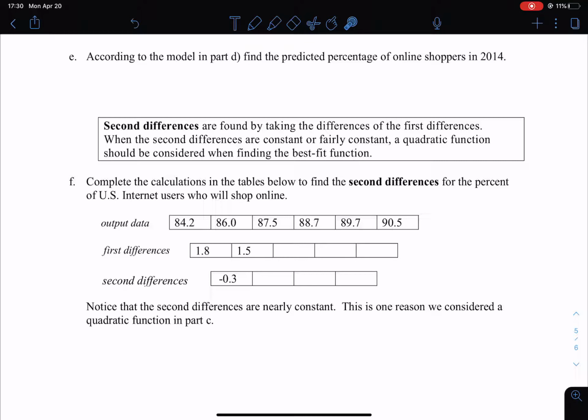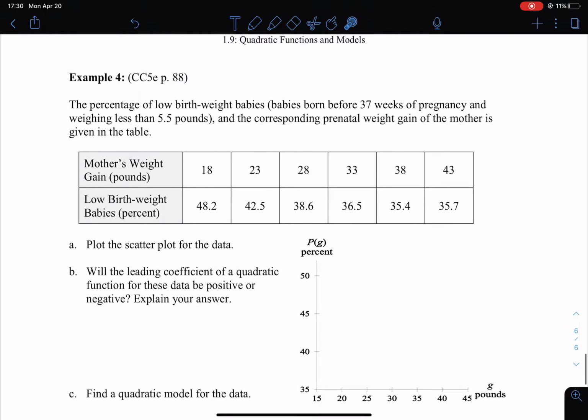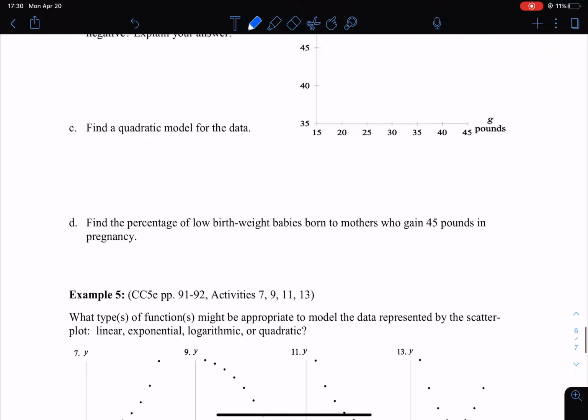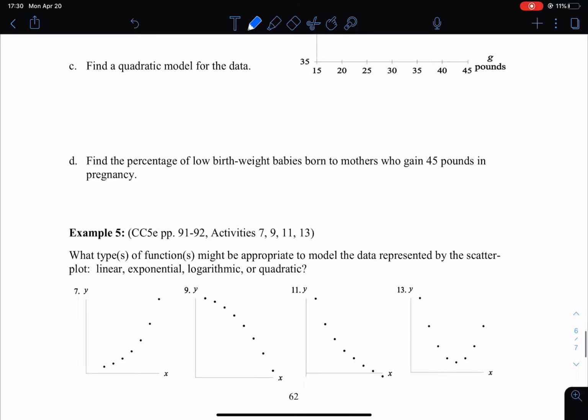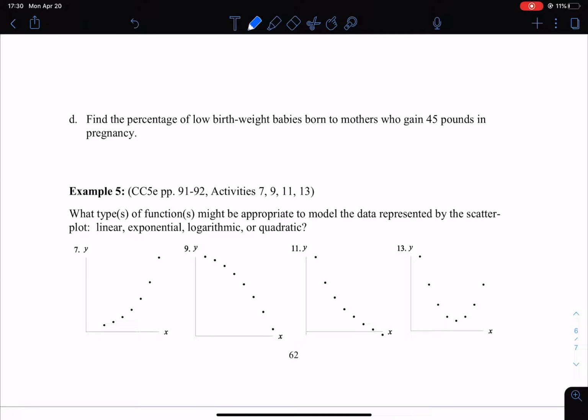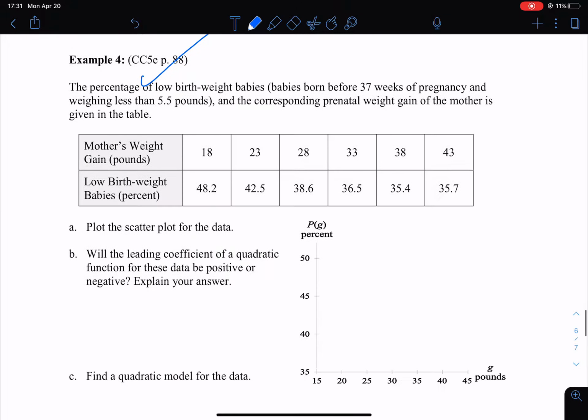And then this is example 4, and example 5. Alright, for example 4, still the first step is to plot the scatter plot for the data.